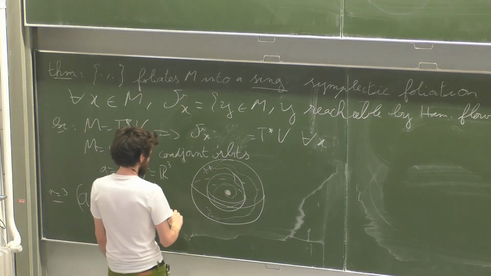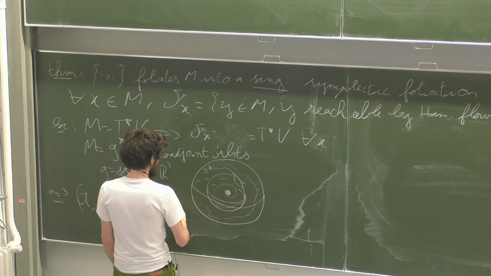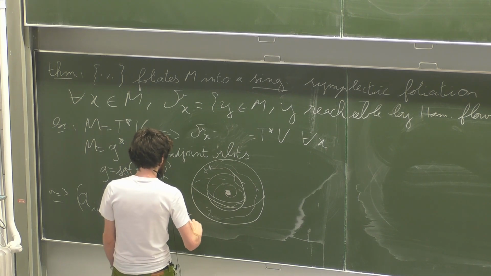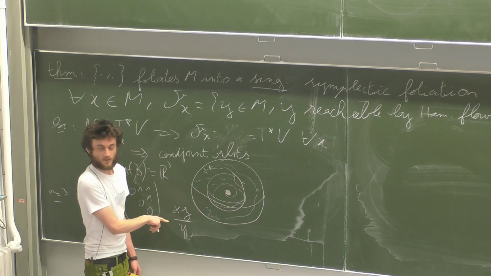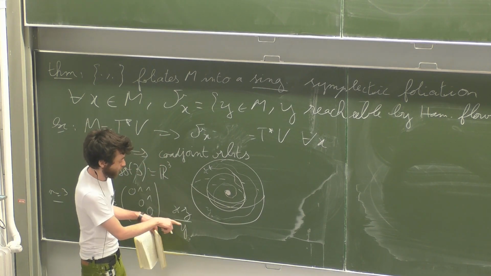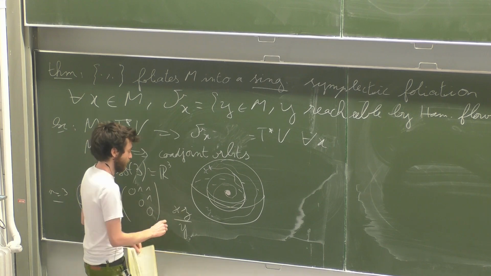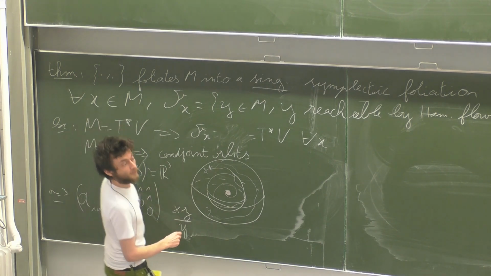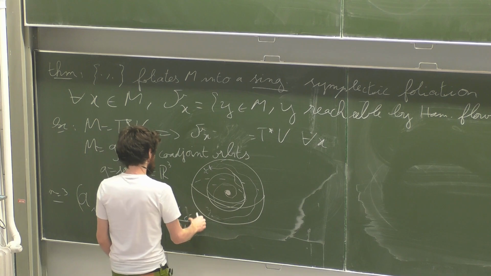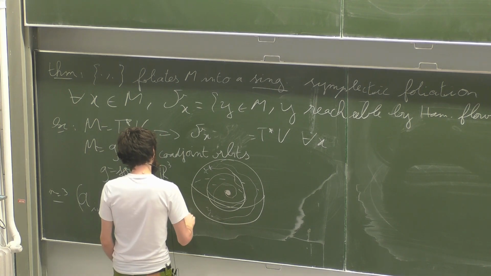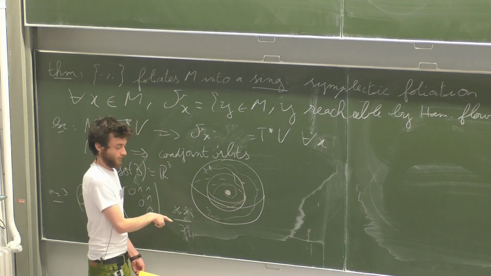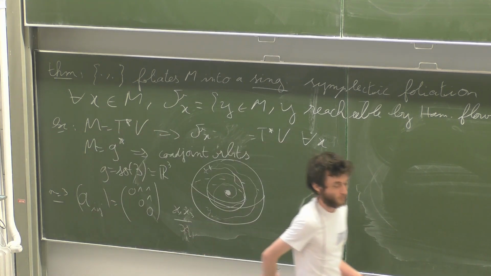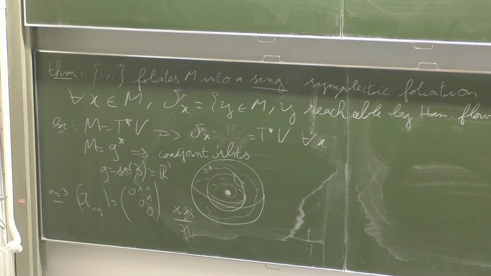You see it's singular, but the regular leaves will be levels of this function. Well, x1, x3, x2. So you can draw this with your computer and see how the leaves look like.